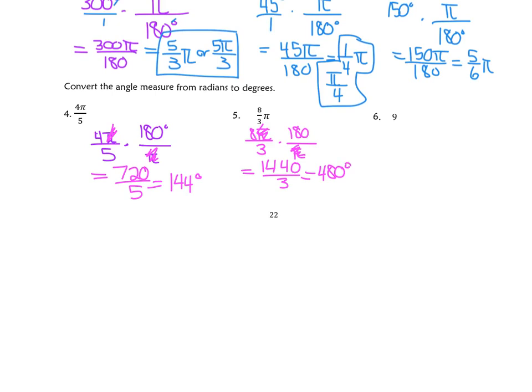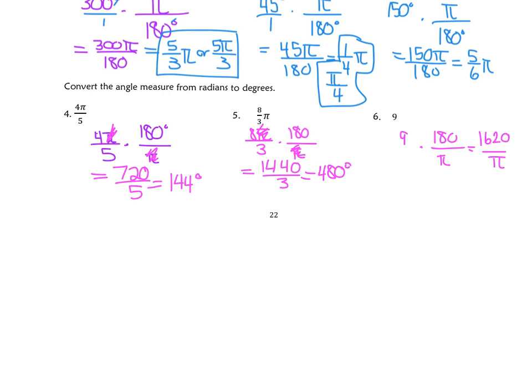All right, notice number 6 is just 9. There's no pi in it. But if it's 9 radians, I still have to multiply by pi over or under 180. So now when I multiply this together, the pi's don't cancel. I'm just going to multiply 9 times 180. I get 1,620 divided by pi. Because pi did not go away, I am physically going to press pi on my calculator.